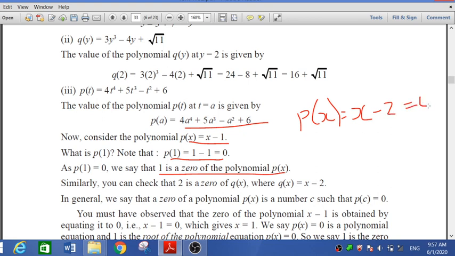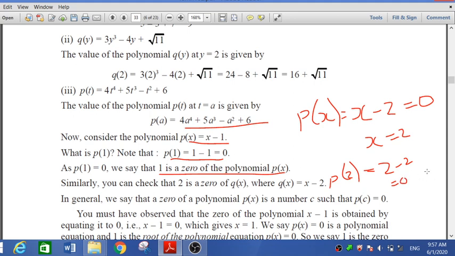To get the zero of polynomial in a linear equation, x minus 2 is equal to 0. So x is equal to 2. If I put x equal to 2, I will get answer 0. So p of 2 is equal to 2 minus 2, that is 0.